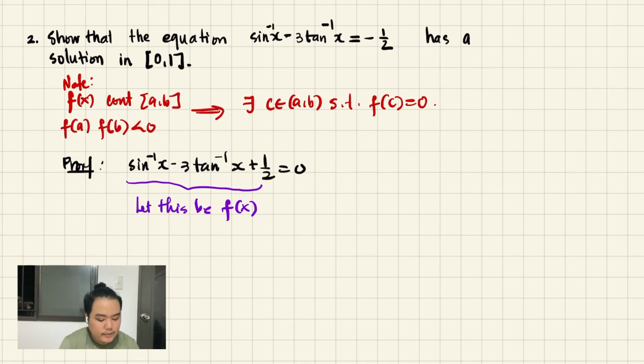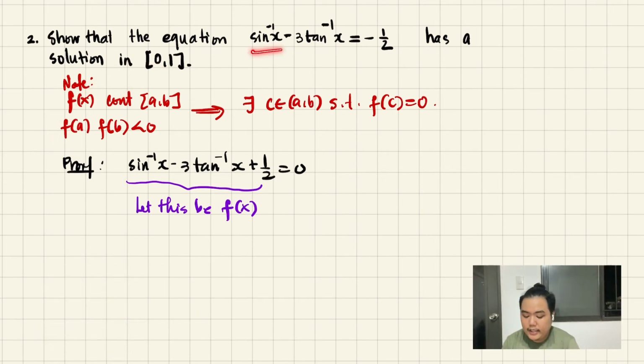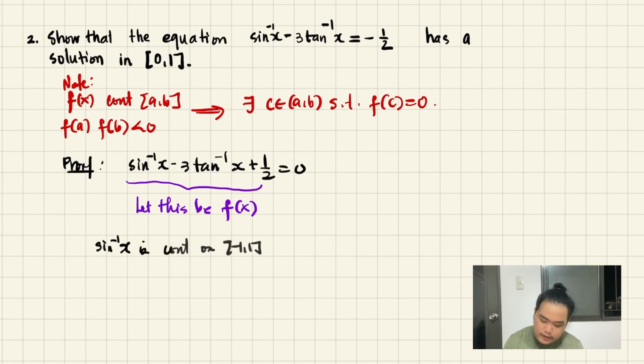As you can observe, we need to satisfy these conditions. Sine inverse of x is continuous from negative 1 to 1. Tangent inverse is continuous on the set of real numbers.